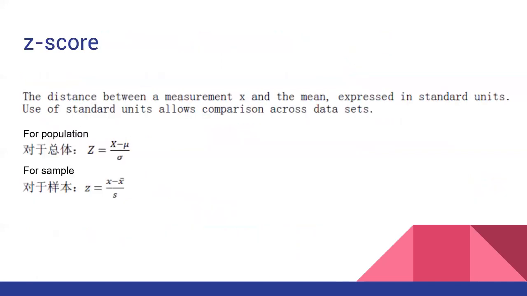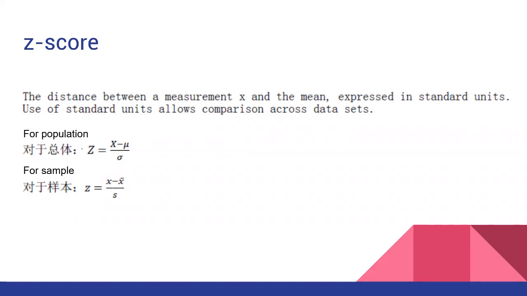No? Okay, so the last concept is called z-score. Z-score is the distance between a measurement x and the mean, expressed in standard units. Use of standard units allows comparison across data sets. We will not talk about this much. The only thing you need to do is remember these two formulas.